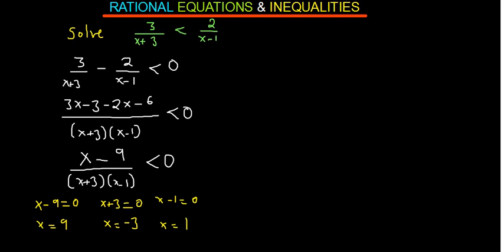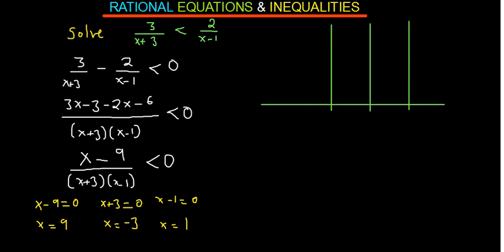Just go ahead. Great. Now from here we are going to make a table. Very, very important. I'm putting 3 lines because we have 3 values of x that we have found. And I'm going to also write these 3.